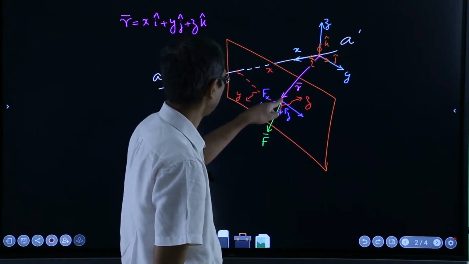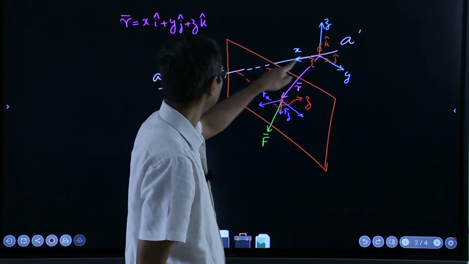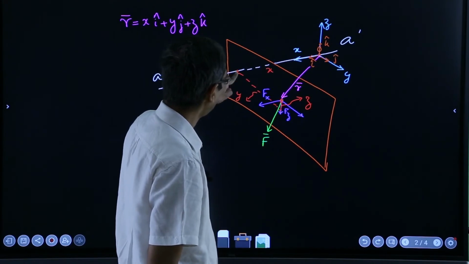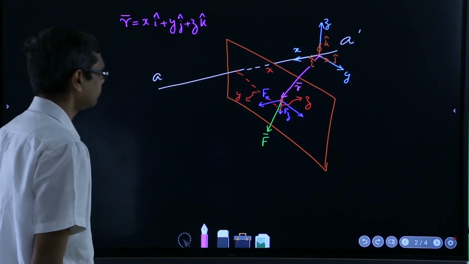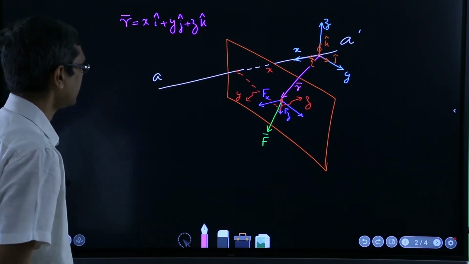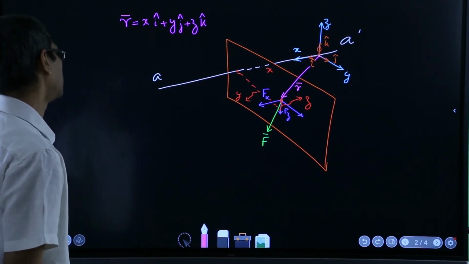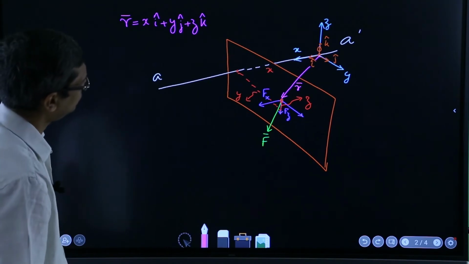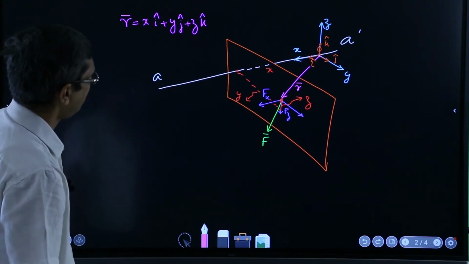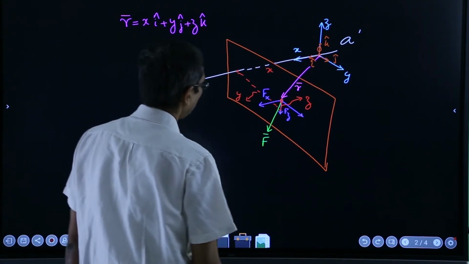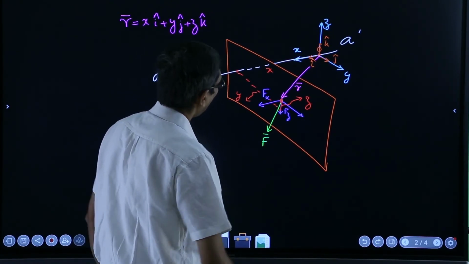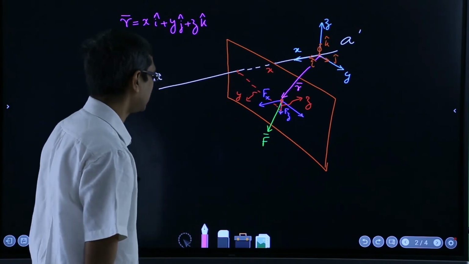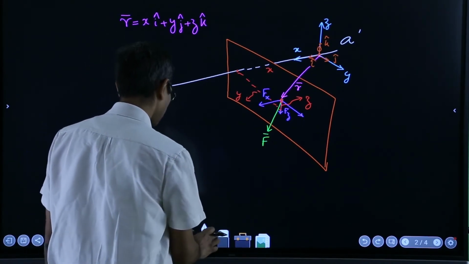So the position vector of the point r is xi, yj and zk. Is that fine? Now how do I get it? To be consistent with all positive directions to be positive, let me do one thing.